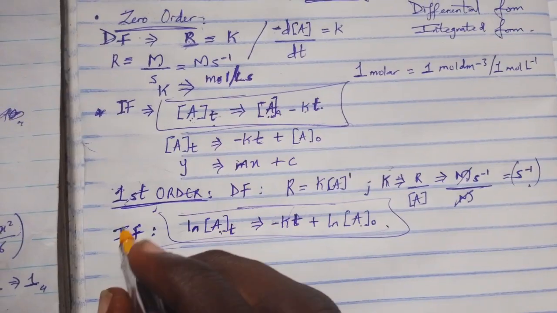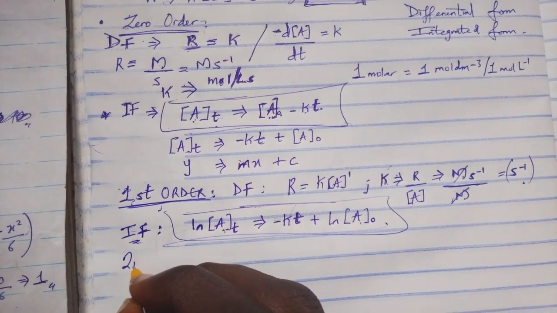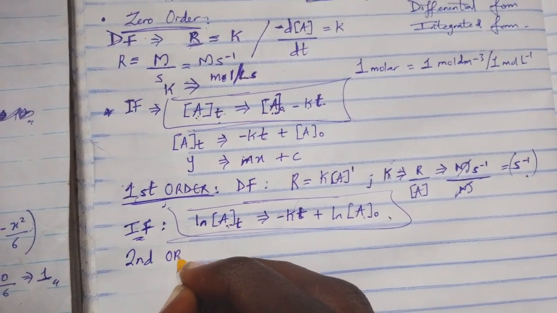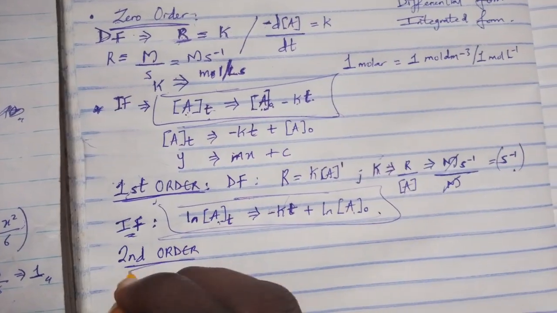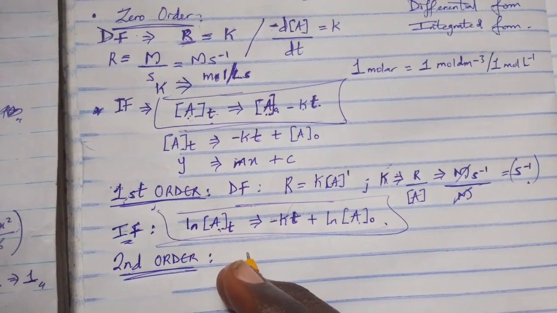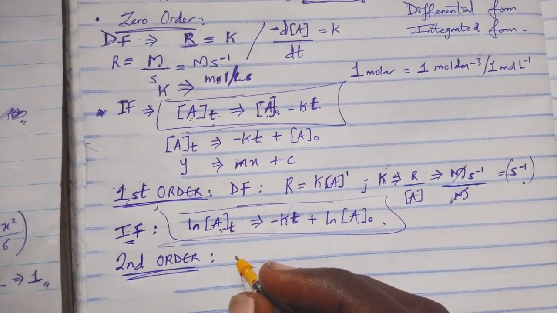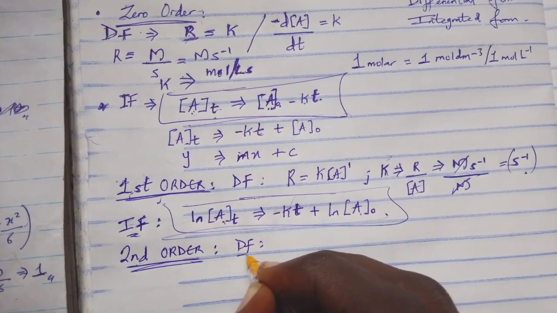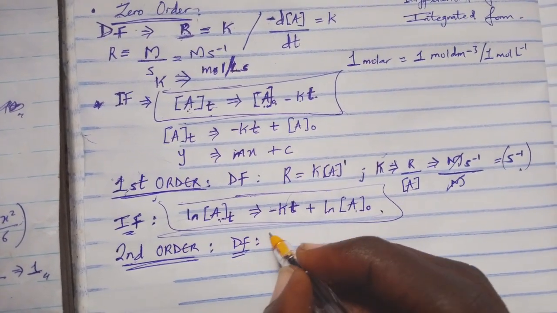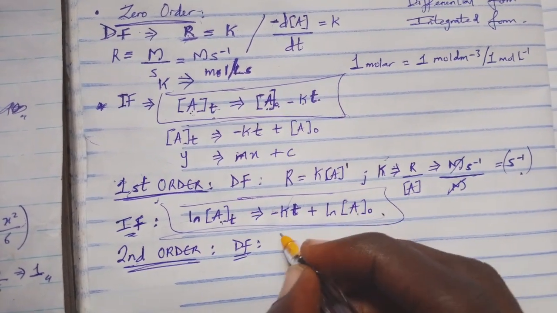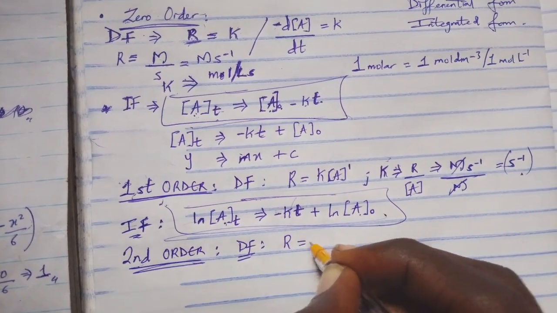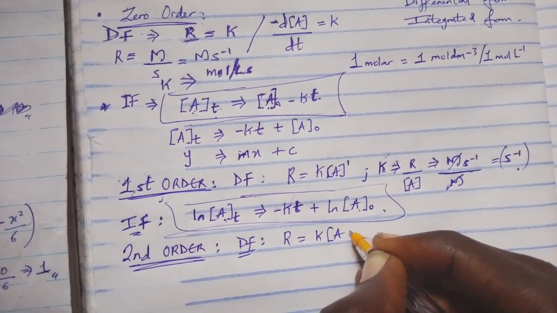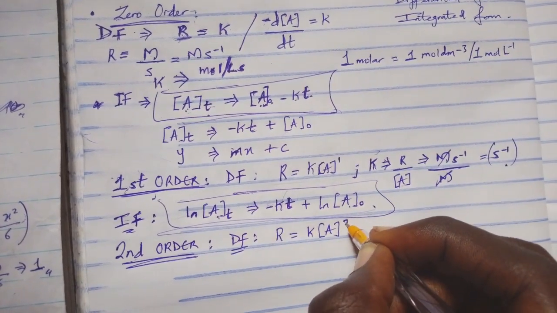Now let's look at the second order. The differential form is just R equals K, so instead of A raised to power 1, it will be A raised to power 2. So that's just it.